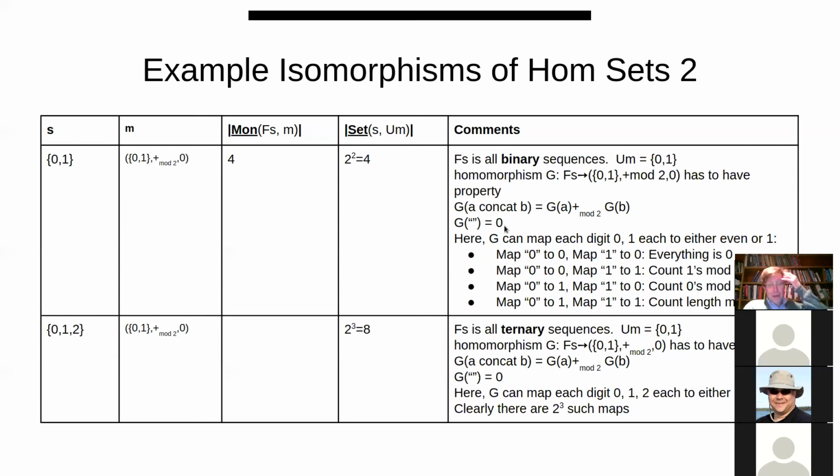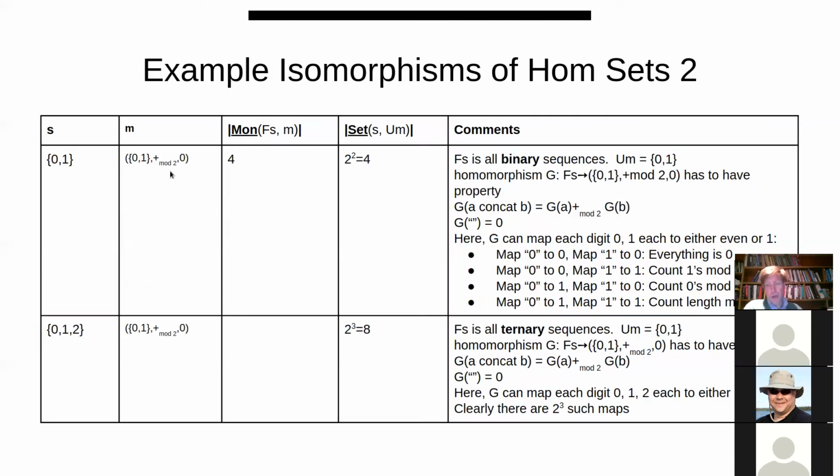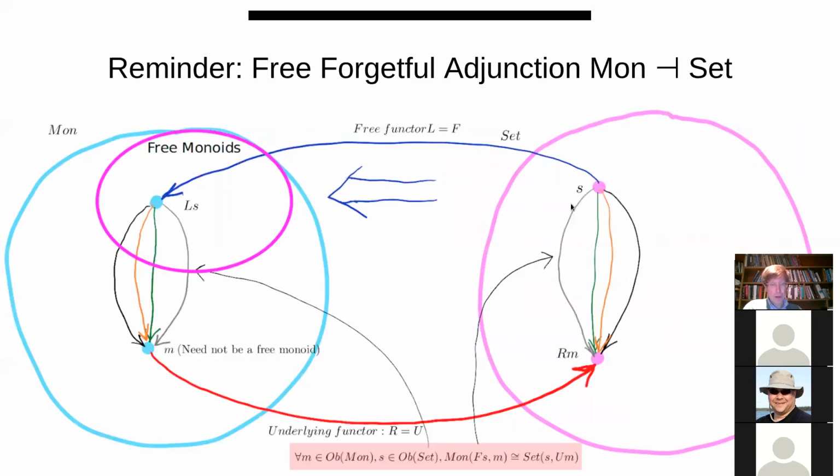And we know that G of A concat B has to be G of A plus mod 2 G of B. That's just the mod 2 thing here. So one way we can get this is if we map empty to 0, but we have some latitude now. We can map 0 and 1. These are binary sequences over here.